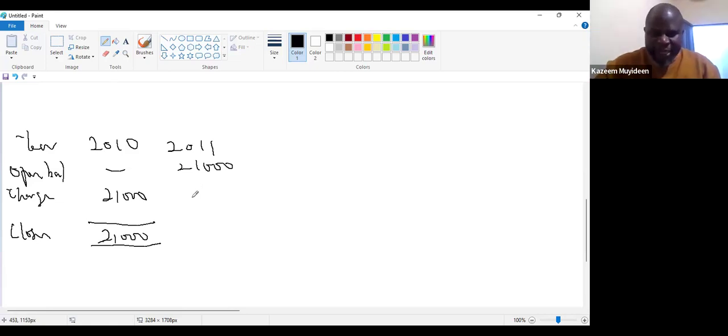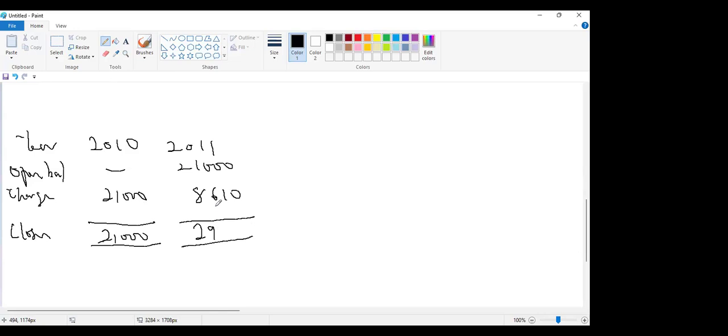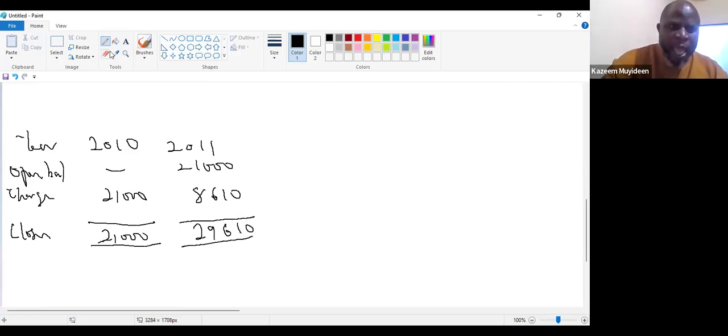The charge for the year, I can see on the chart, is 8,610. So that gives me 29,610. Or I can decide to get the closing balance.